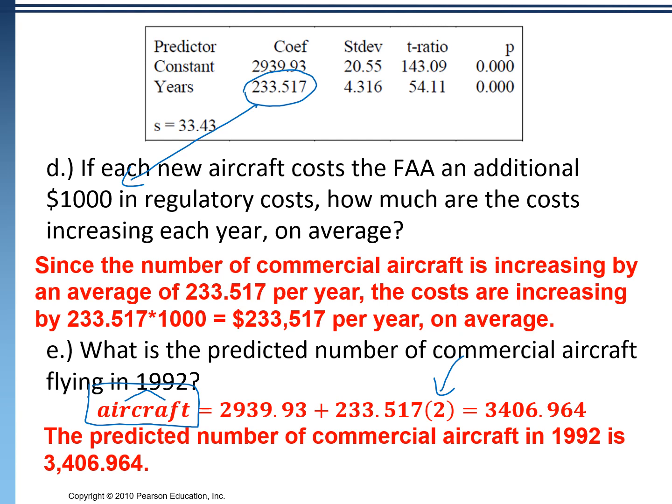We're plugging in 2, indicating 1992. So we plug in the years since 1990, we plug in 2, we get 3406.964. That's the predicted number of commercial aircraft in 1992. And it's okay that that's a decimal because we're talking about a predicted number, which kind of serves as an average. And it's okay that it's not a whole number.